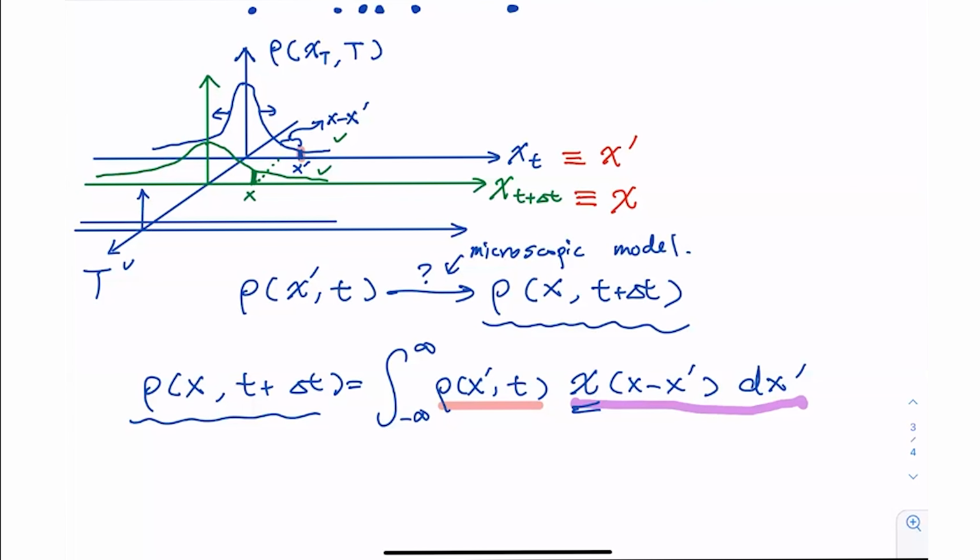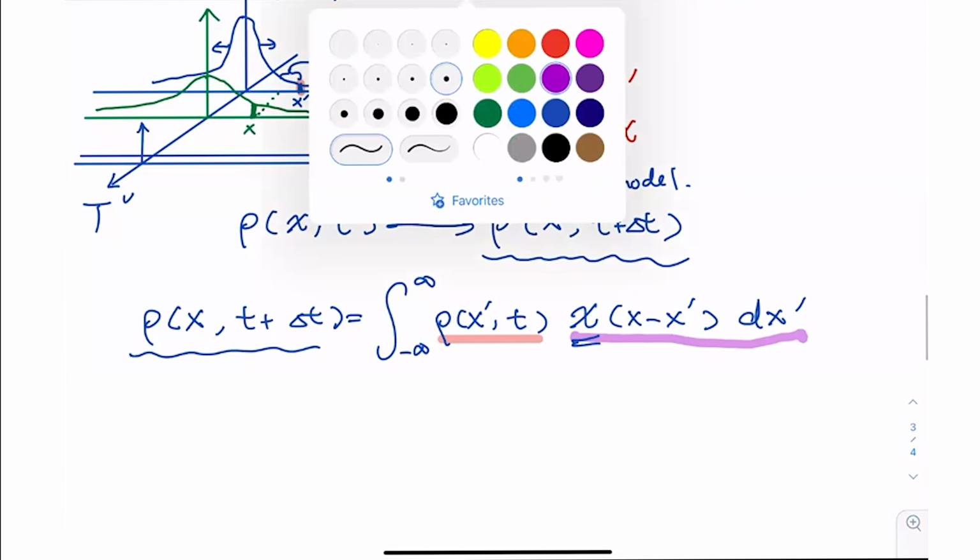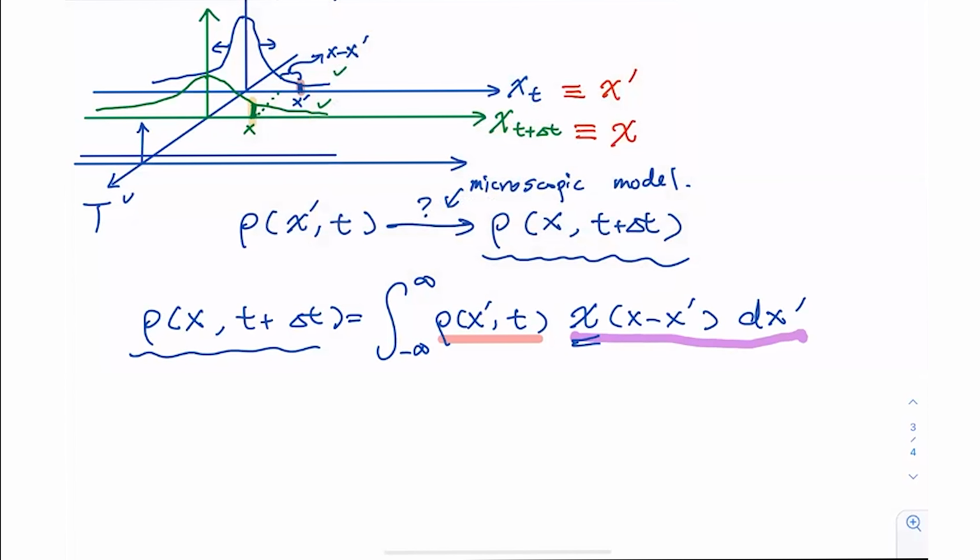Okay. So why do you need to have these two? Because once you integrate, or sum over all the possible values of your x prime, you will get the final density that the particle could end up at the specific position x. That's basically this term.